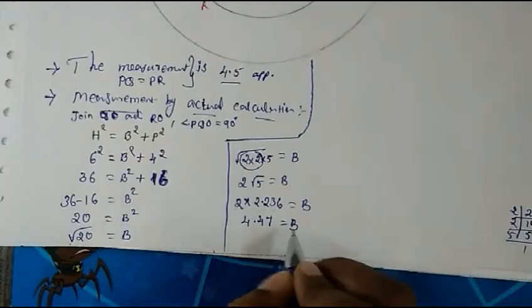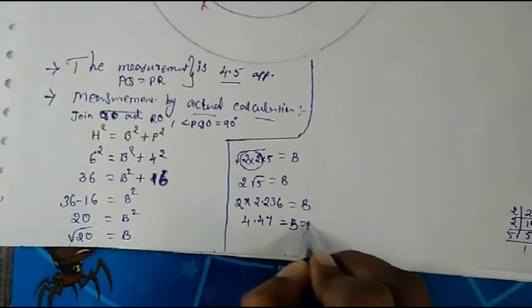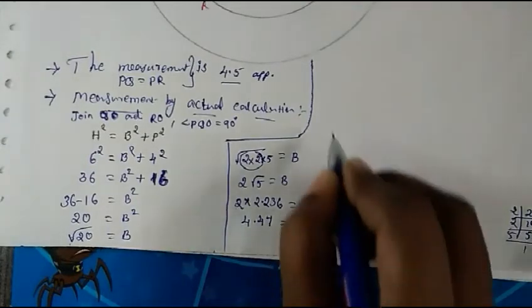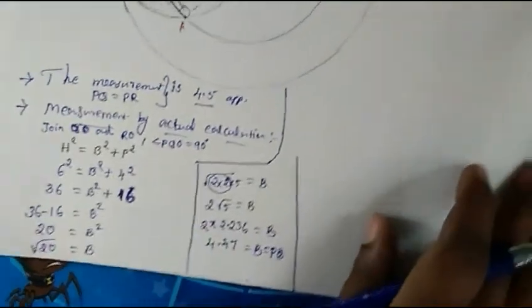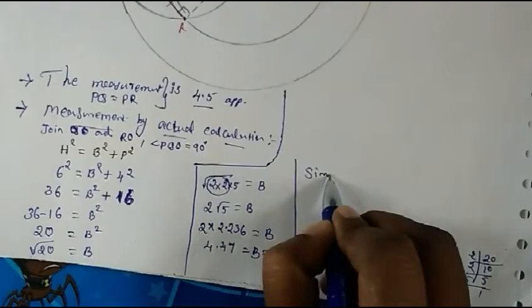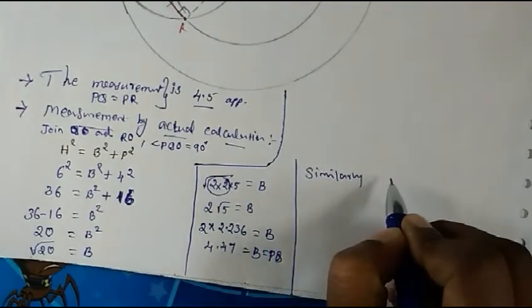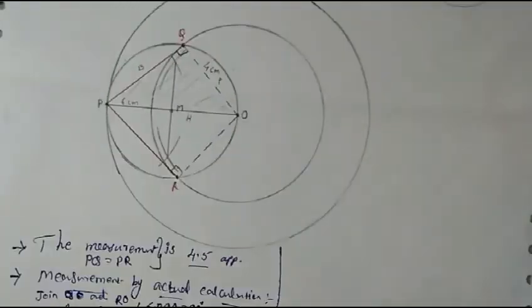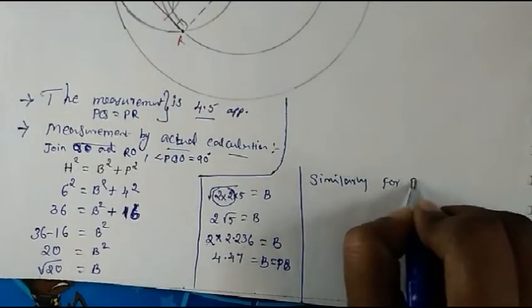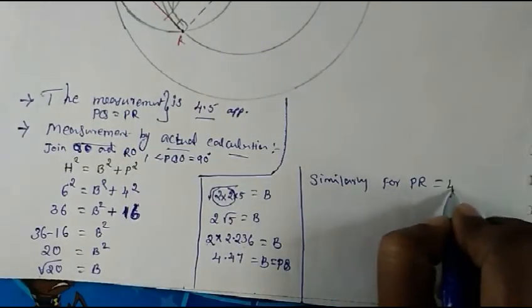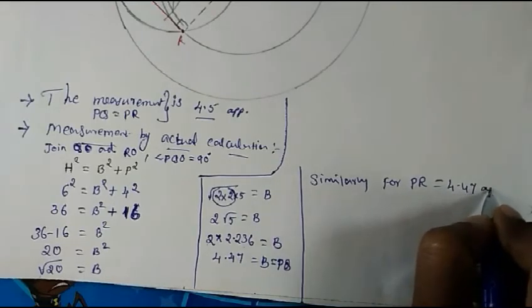So base is what actually? Base is PQ. Similarly, for PR also it will be 4.47.